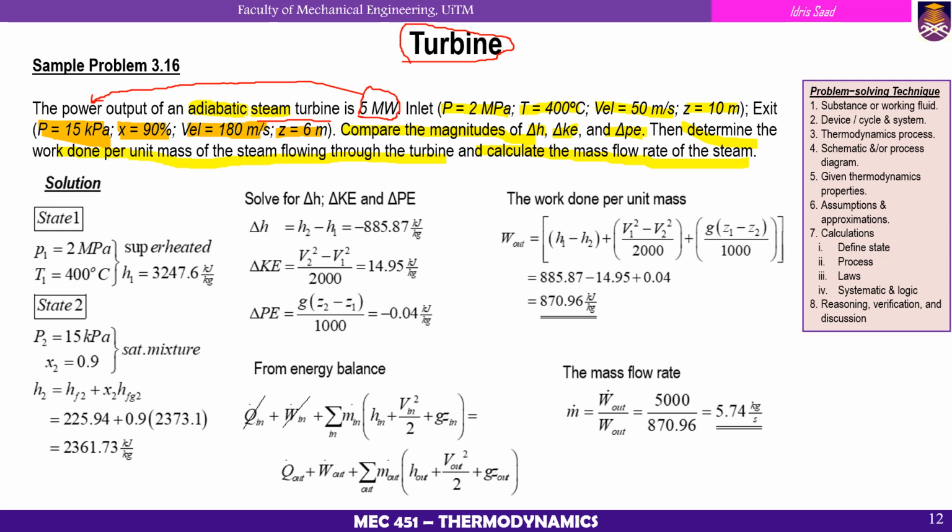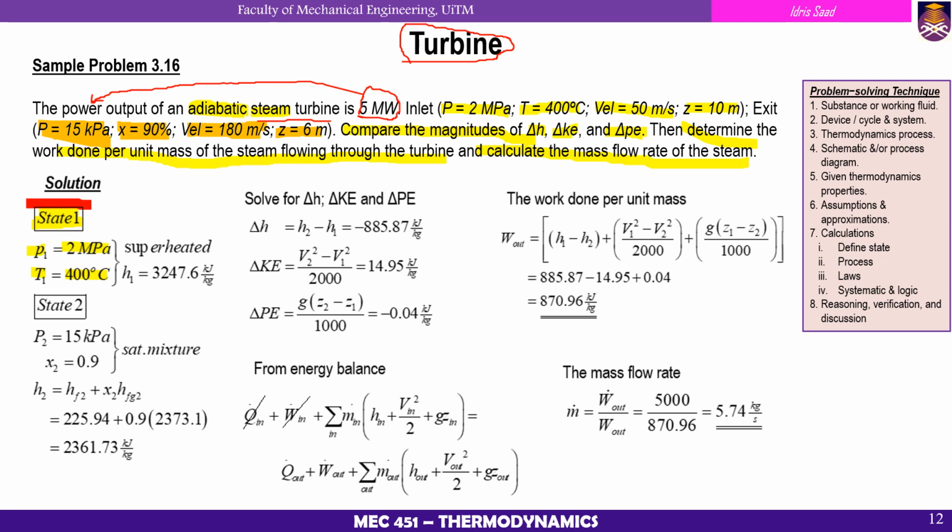Whatever the question, the first thing is to gather all the data, and the best way is to arrange the data state by state. Now we go for state number 1. We have pressure 1 equal to 2 megapascal and temperature 1 at 400 degrees Celsius. Please use your knowledge from the second chapter, properties of pure substances. We check the boundary, either using a P-v diagram or a T-v diagram.